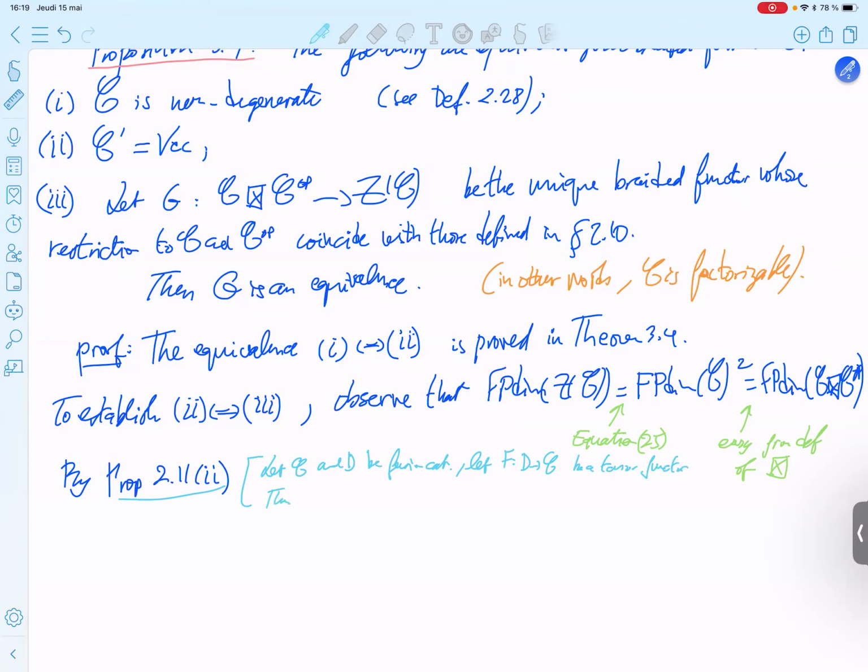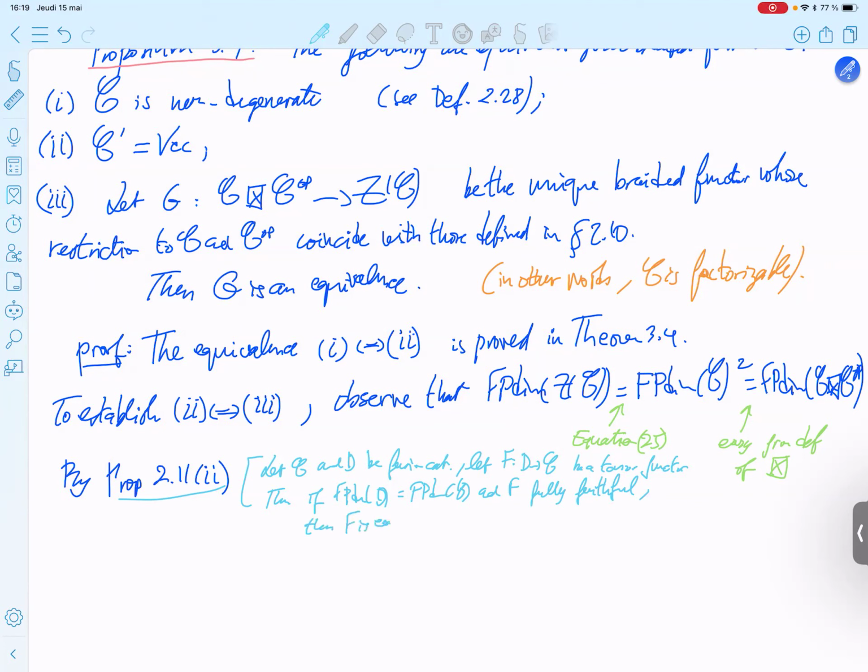Then, if the Frobenius-Perron dimension of D equals the Frobenius-Perron dimension of C and F is fully faithful, then F is an equivalence.